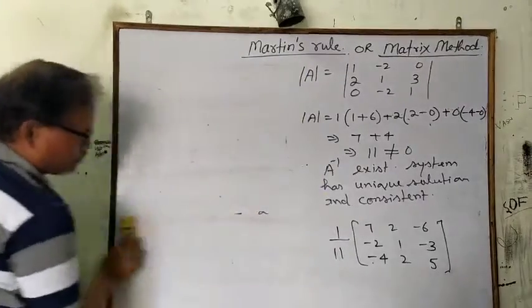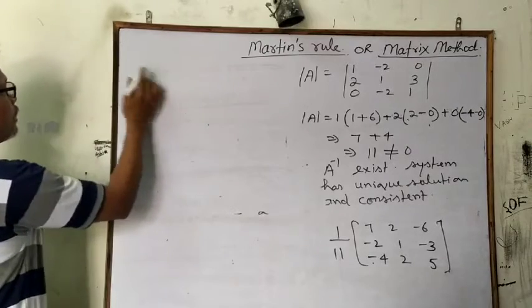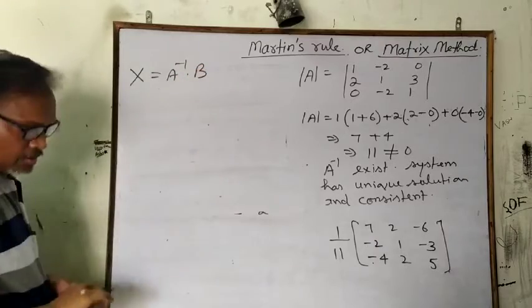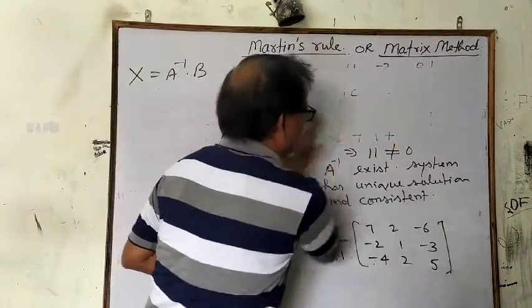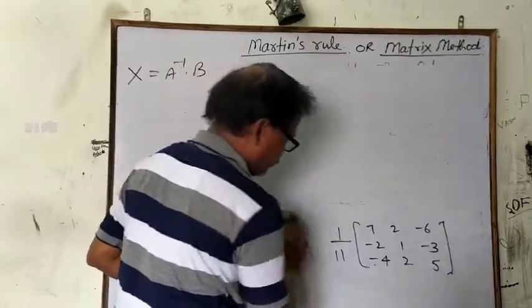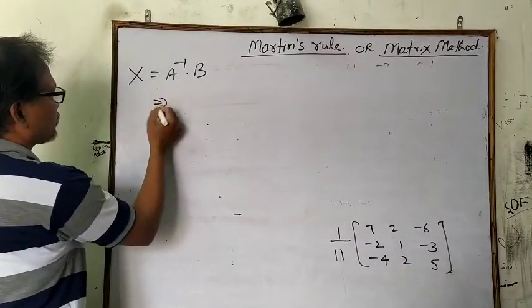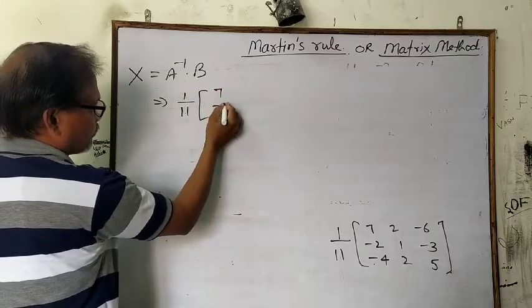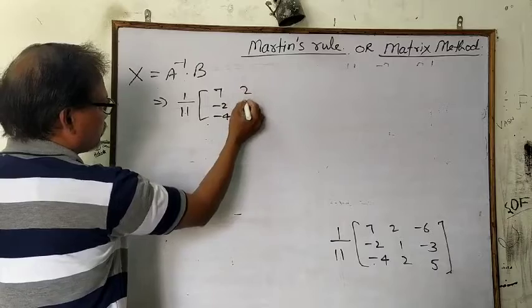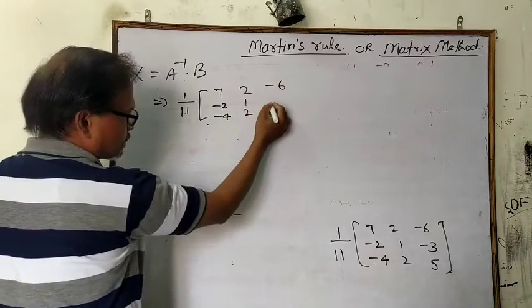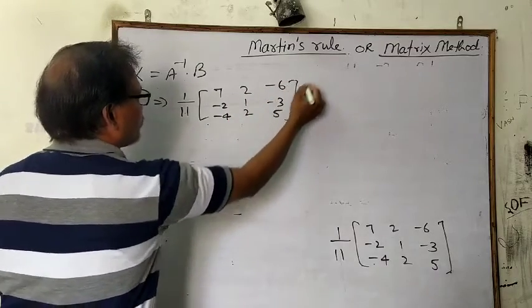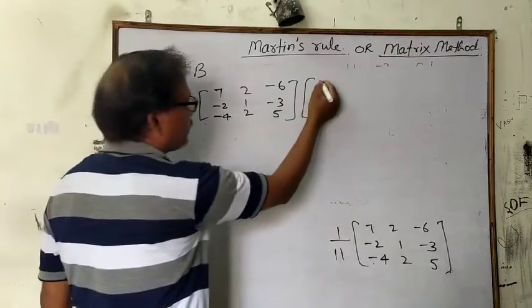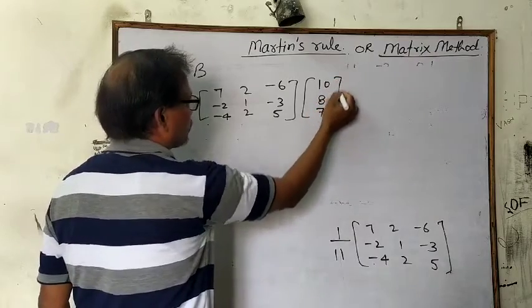Now we have the formula x is equal to A inverse dot B, which is equal to 1 upon 11 times the matrix 7, -2, -4, 2, 1, 2, -6, -3, 5, then the B matrix 10, 8, 7.